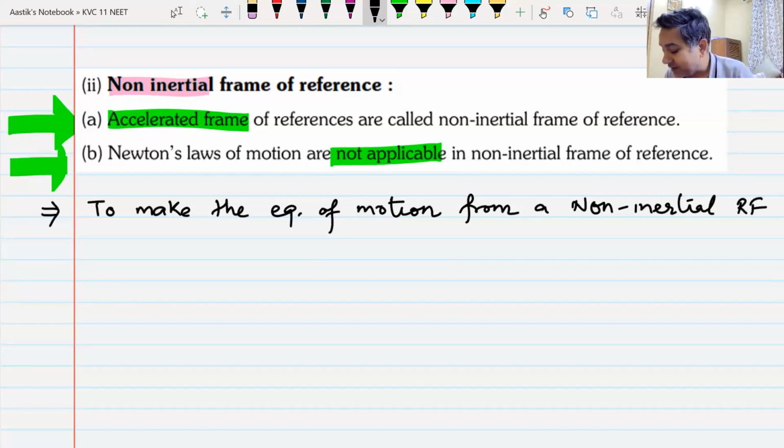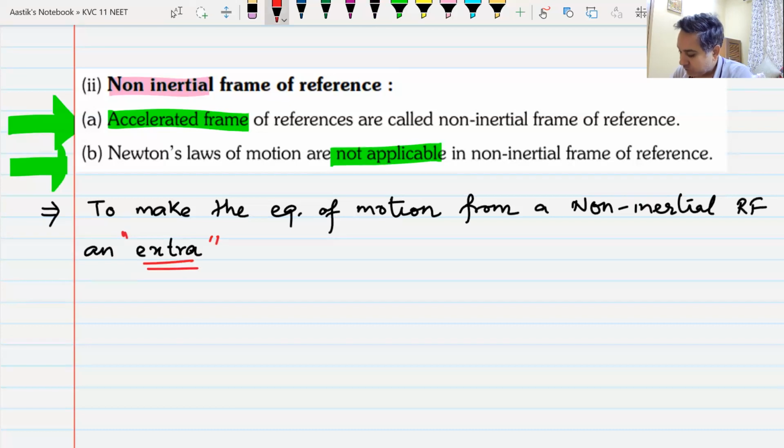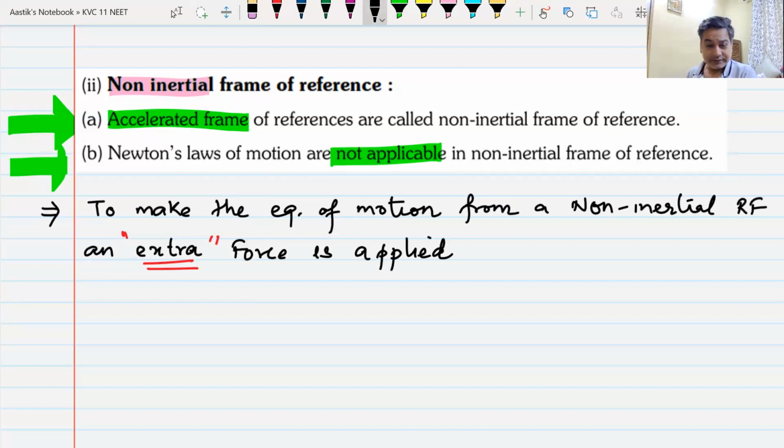So if you want to make the equations from a non-inertial frame, an extra force is applied.